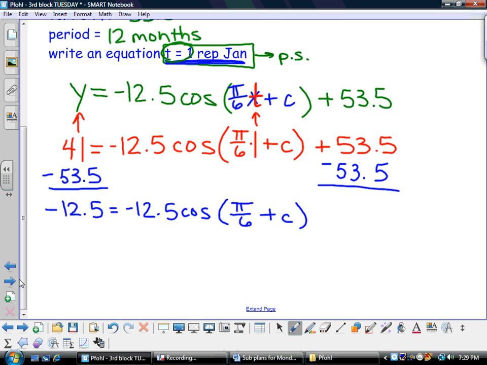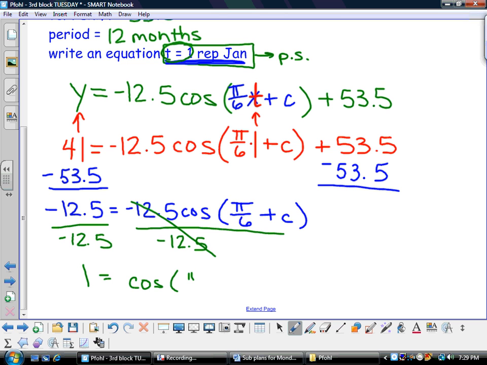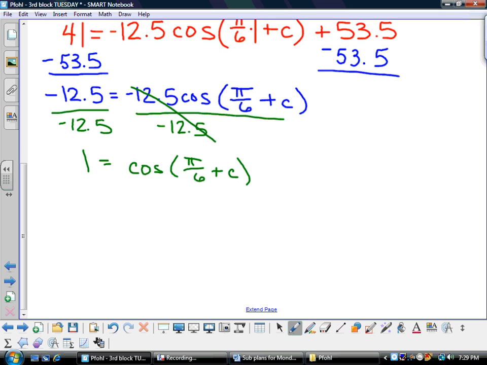Then we'll divide by negative 12.5. We need to take the inverse cosine on both sides to get rid of the cosine.